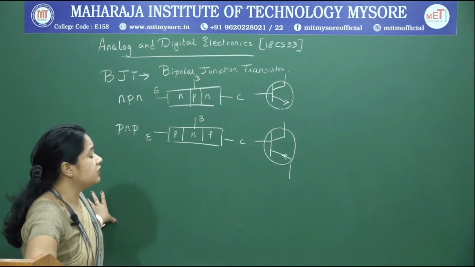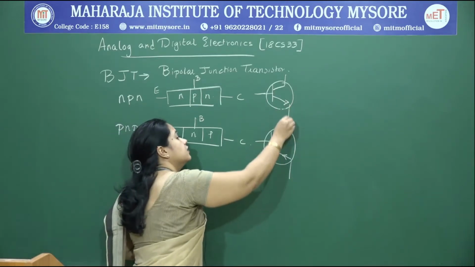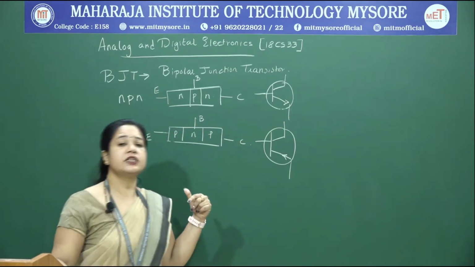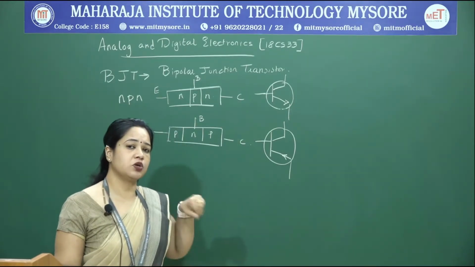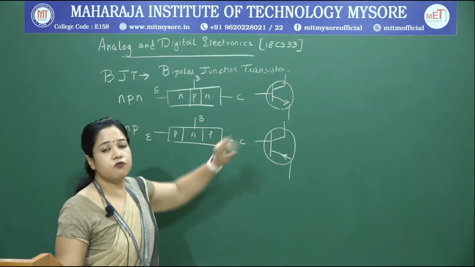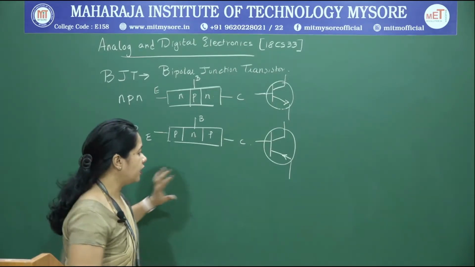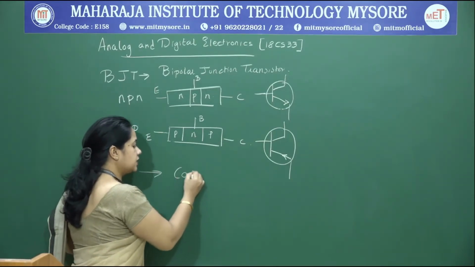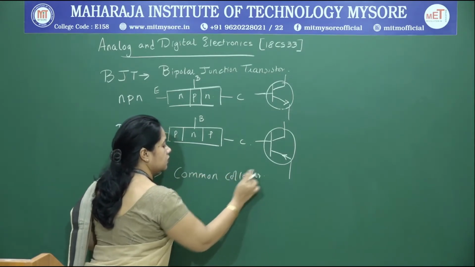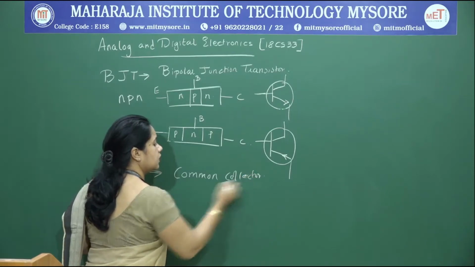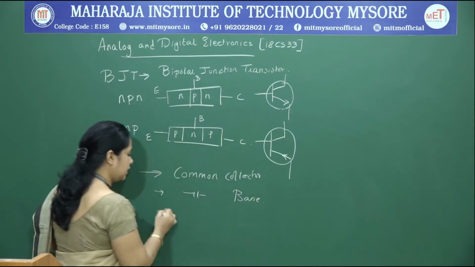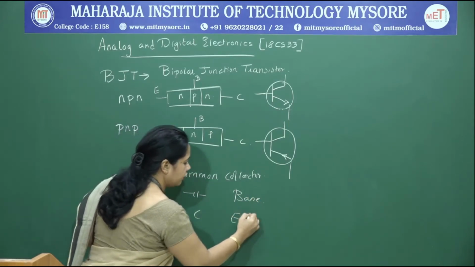Coming to the different ways of connecting these transistors, because we have 3 terminals, we need 2 terminals to connect the input and 2 terminals to connect the output. So what we do here is we keep one of the terminals common. Accordingly we have common collector configuration, common base configuration and common emitter configuration.